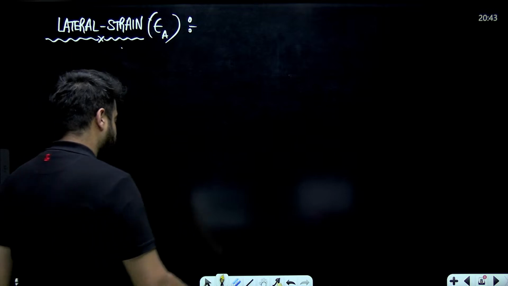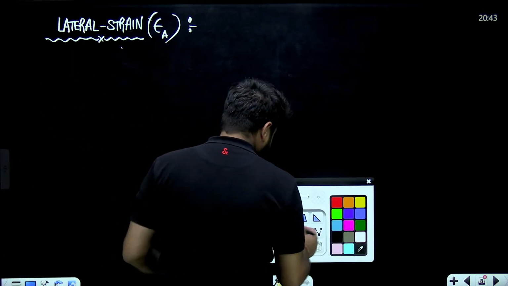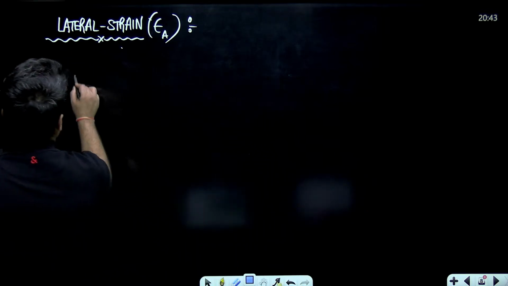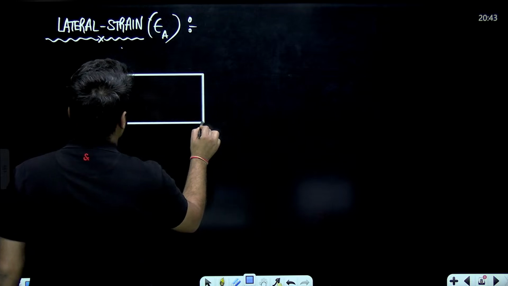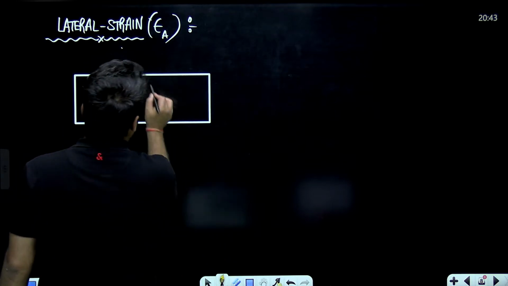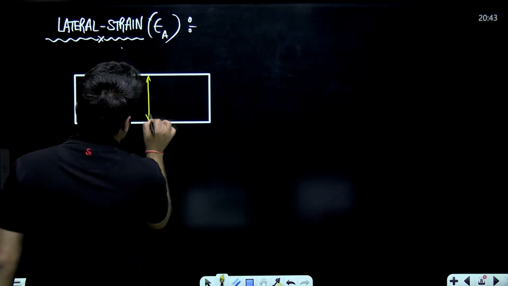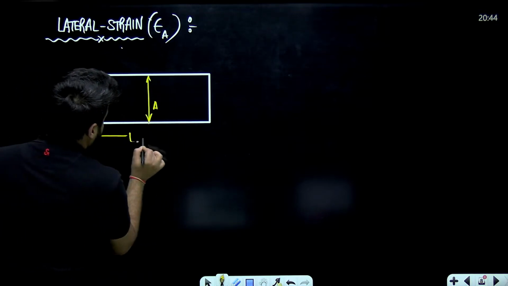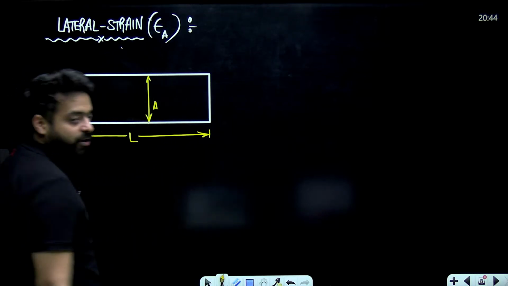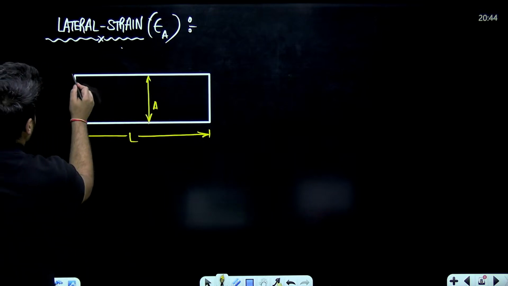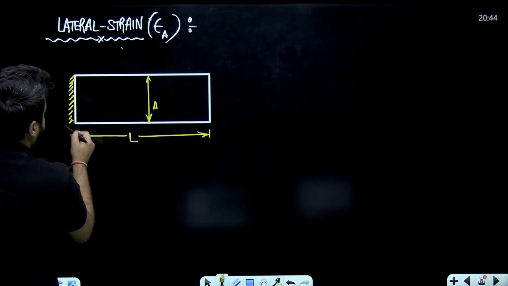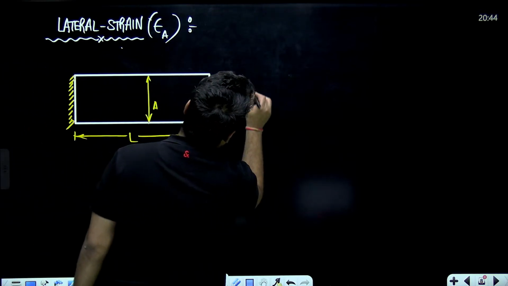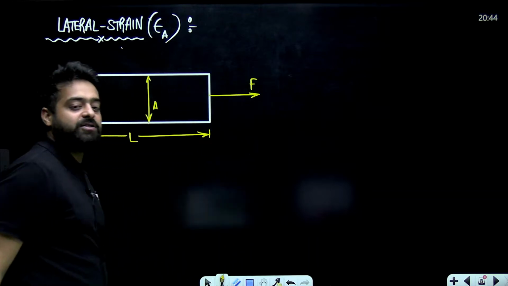Please try to understand. Let's suppose I have a body whose cross section area is A and its length is L. Can I say the volume should remain conserved or not? Yes. If this body is fixed with the wall and if I apply a force F, what happens to this solid body?